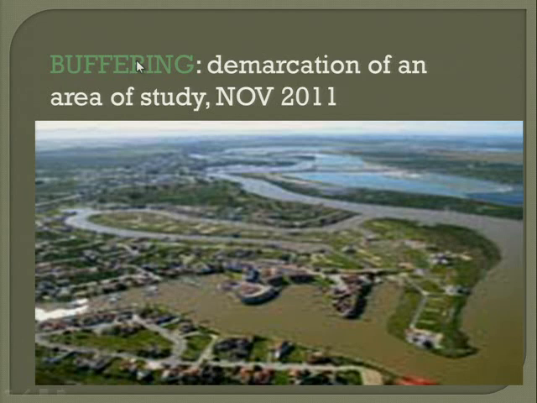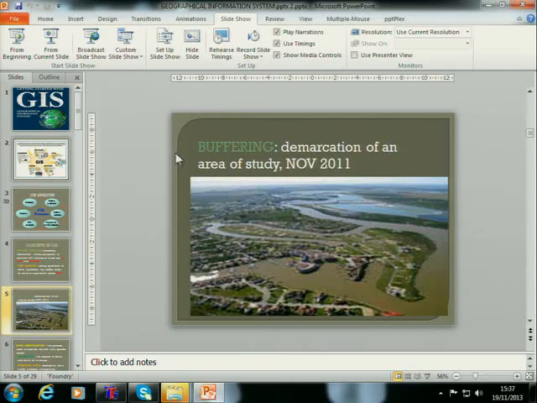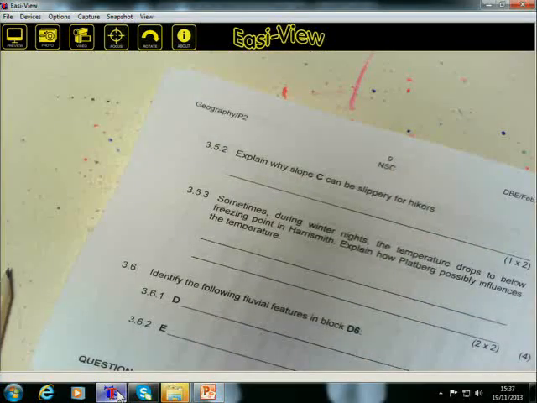Buffering means what? It means the demarcation of an area of study. I'll give you a simple example. Normally when you've got a car accident, the first thing that you do when the police arrive, what do they do? They buffer the area of study.